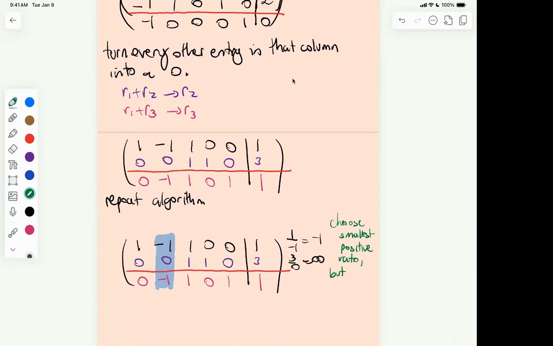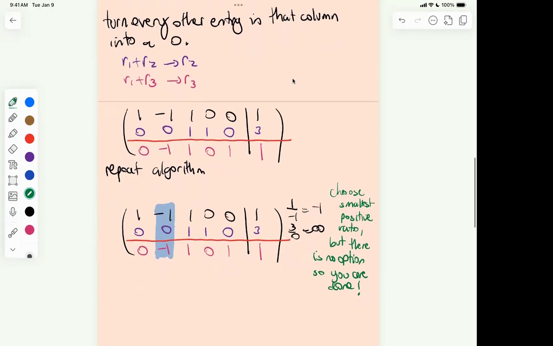Okay, so you're done, and that tells you that the solution is unbounded.